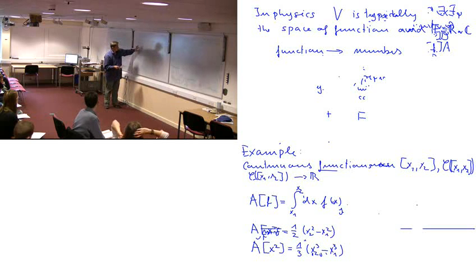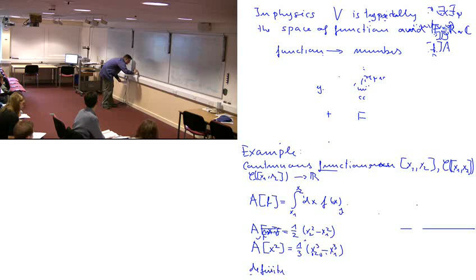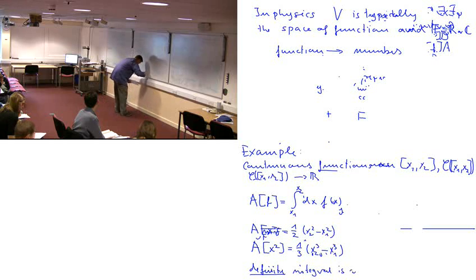But I stress here that we are talking about the definite integral, because only if we have a definite integral, what we obtain is actually a number. So the definite integral is a functional.